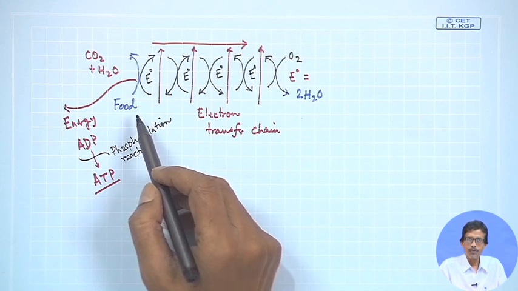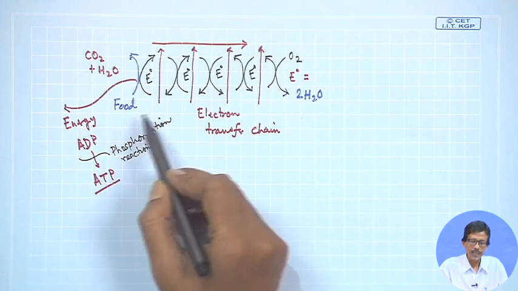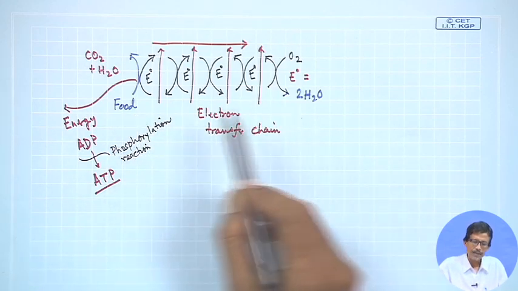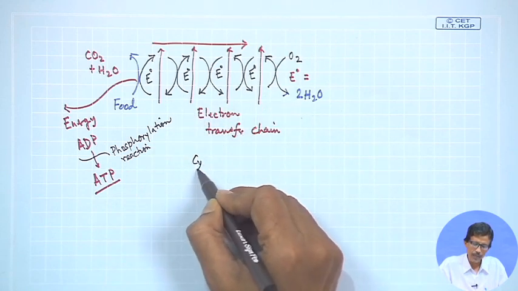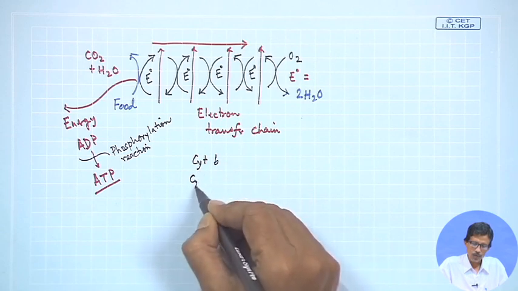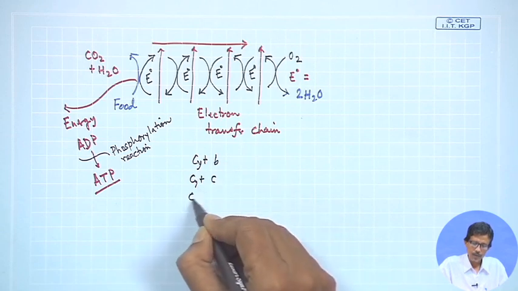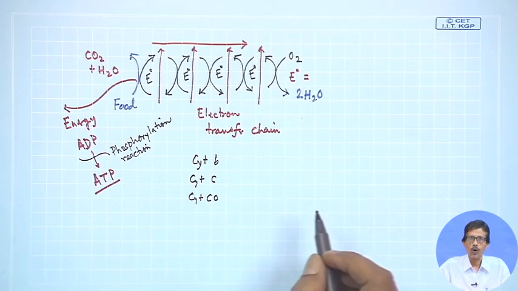So, in a very systematic manner, we try to oxidize the food material in a stepwise manner, through the different cytochromes, the cytochrome B, the cytochrome C and cytochrome C oxidase also, CCO we call.